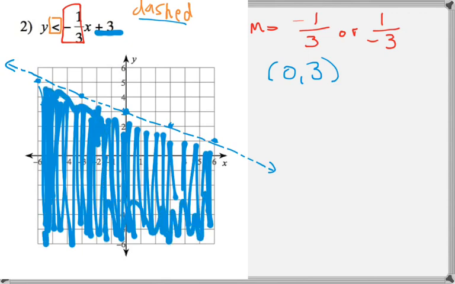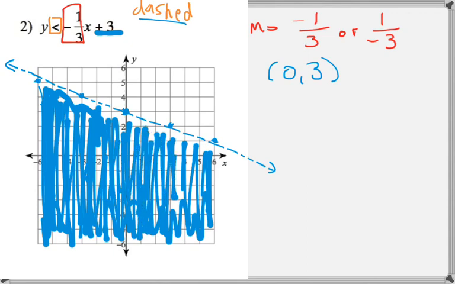Yours is going to be a lot neater because you can shade easier with a pencil than I can on this iPad screen. Once you've shaded in all the parts of the graph that you needed to, we have completed example number 2. Let's look at another example.